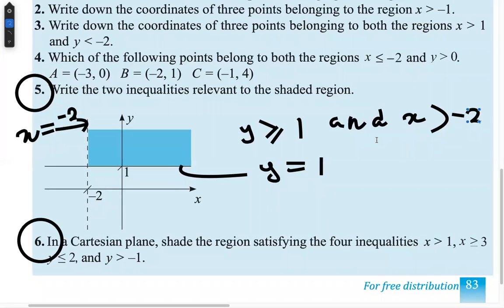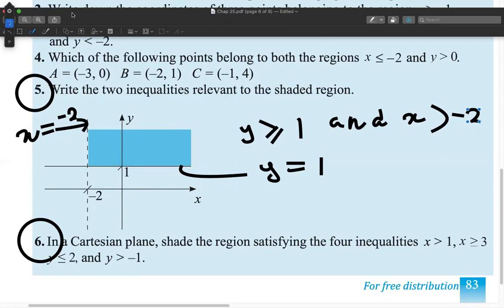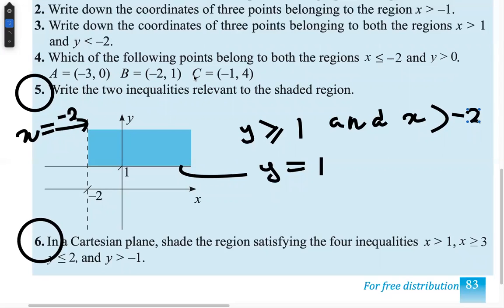X is greater than 1, x is less than or equals to 3, y is smaller than or equals to 2, and y is greater than -1. So have you done this?